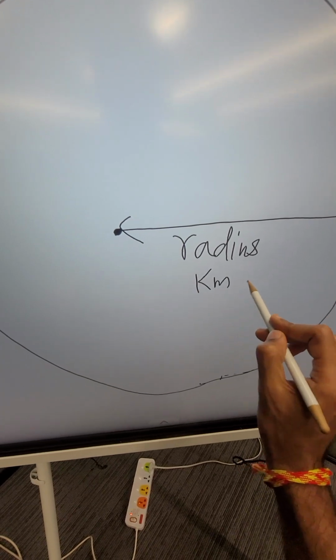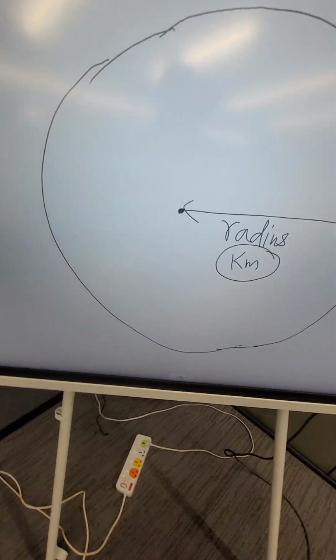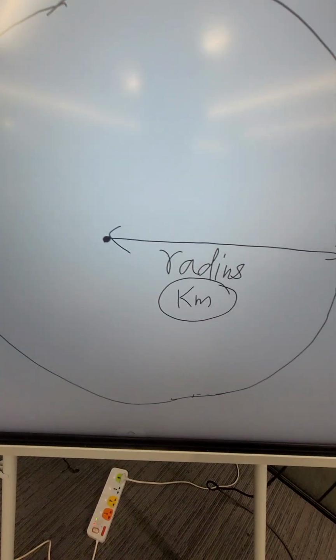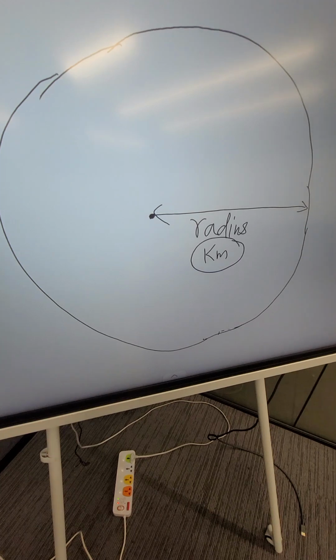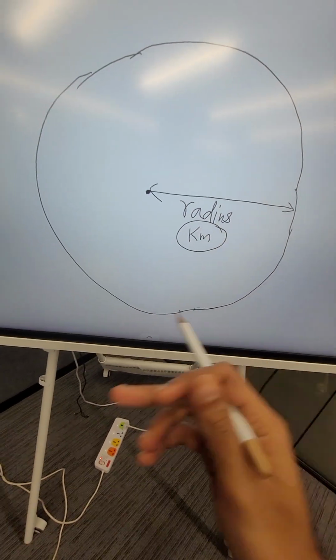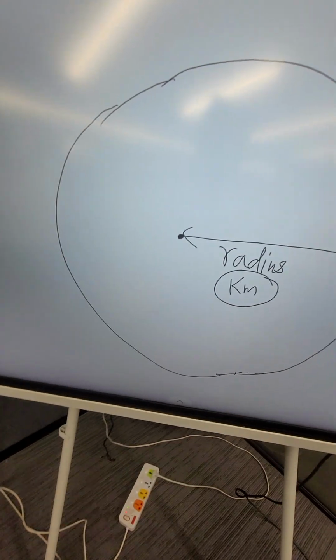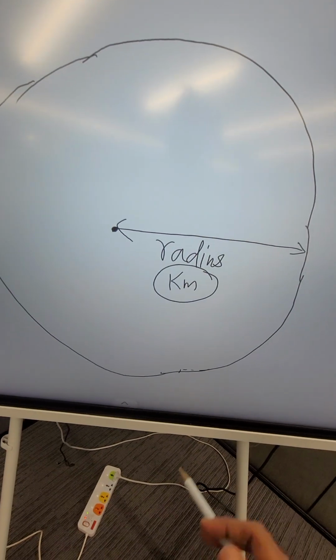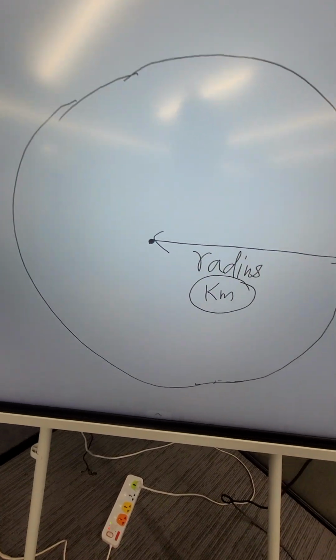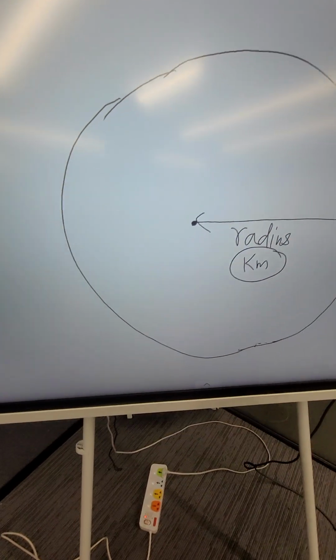Usually they give it in kilometers in the case of bomb blasts. This many kilometers is the blast radius, I'm assuming, I'm not sure. So the area inside this blast radius circle will be affected.